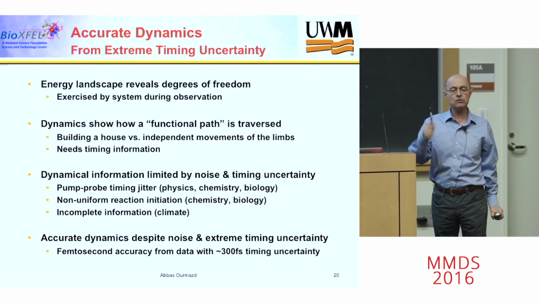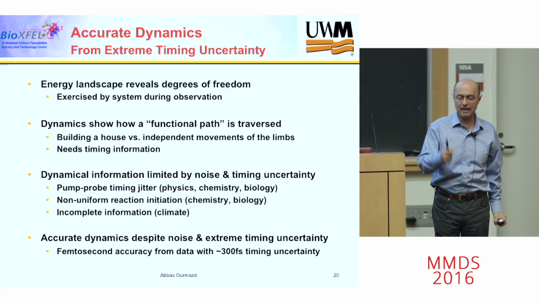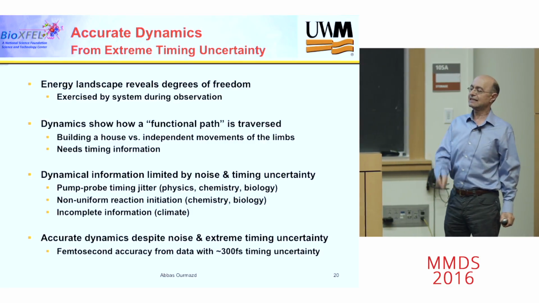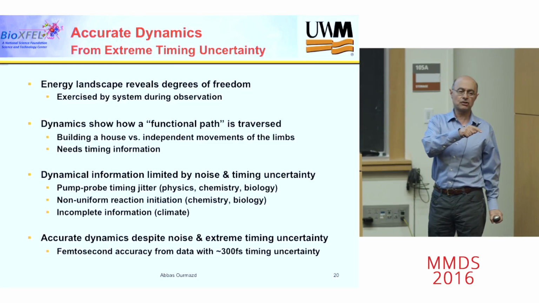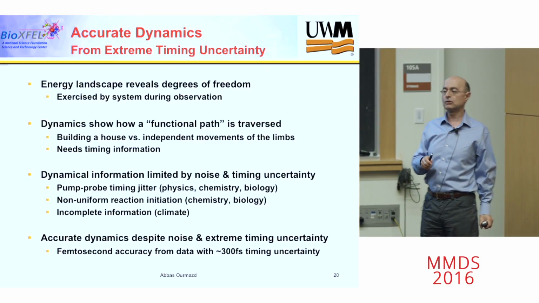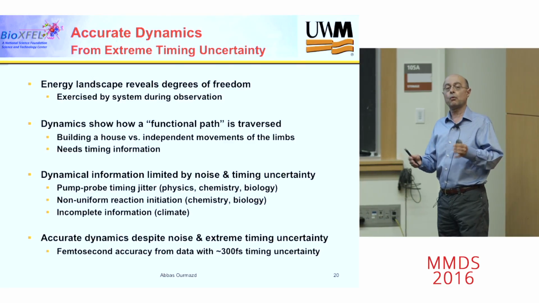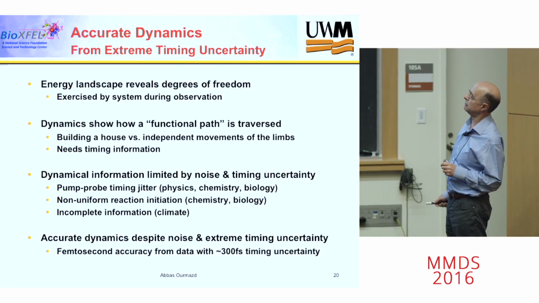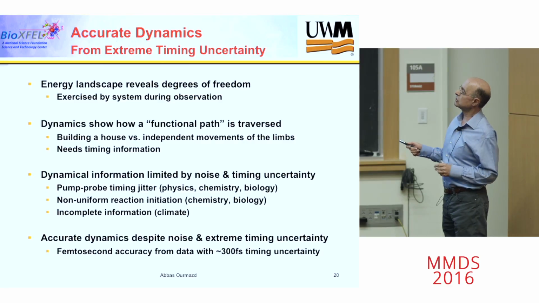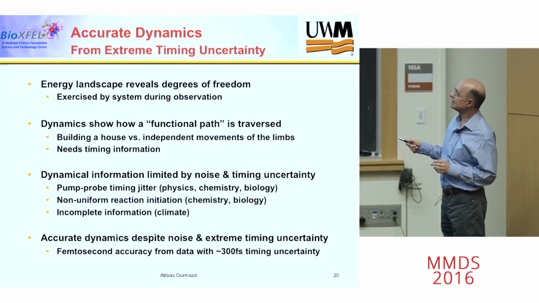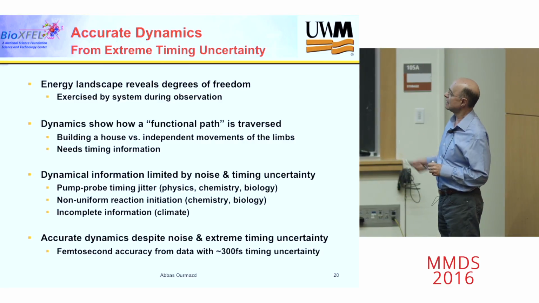Even when you have extremely precise time labels for a transaction, it doesn't necessarily give you accurate information about the causal effect. And so timing uncertainty is really ubiquitous, not only in physics, but also when people think they have exquisite timing information. So the trick here is to get accurate dynamics despite extreme noise and timing uncertainty.